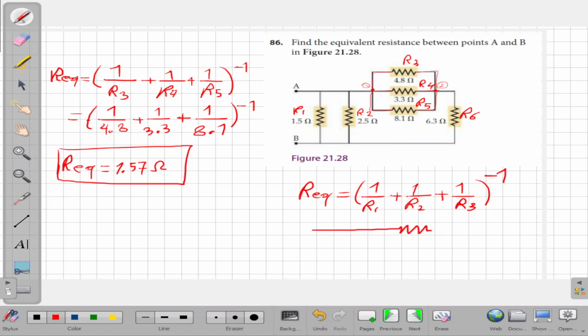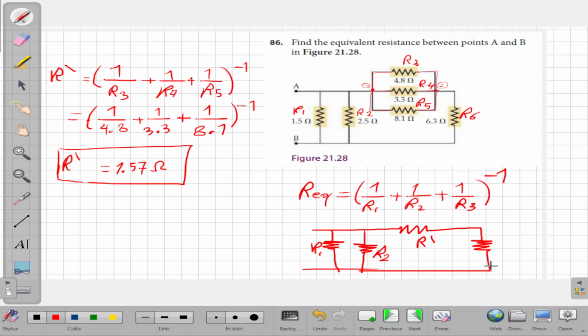I'm going to denote the equivalent resistance of this group of resistors by R prime for simplicity. So we have here R1 and here R2, and the equivalent resistor of the 3 resistors is R prime, and also we have R6.